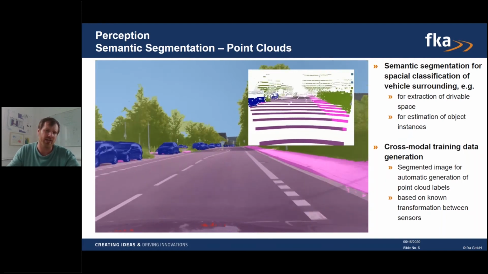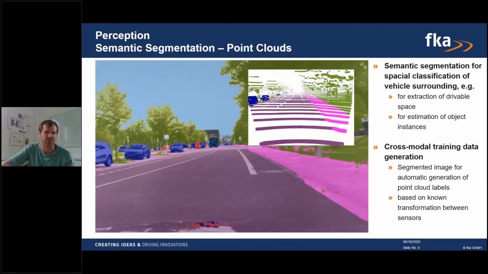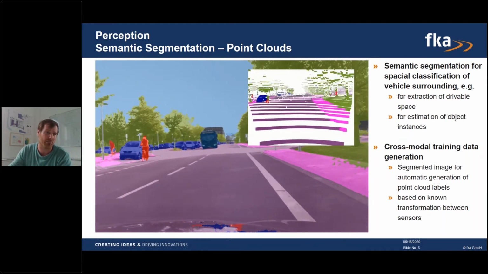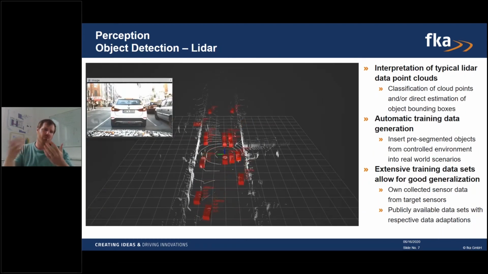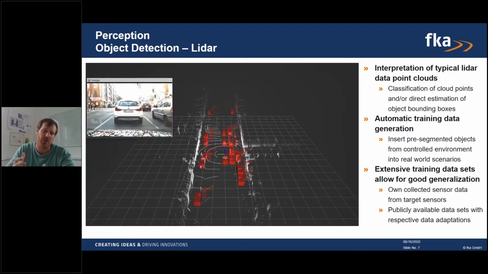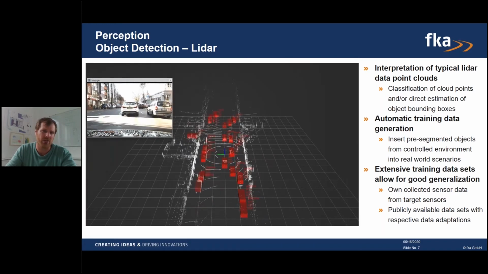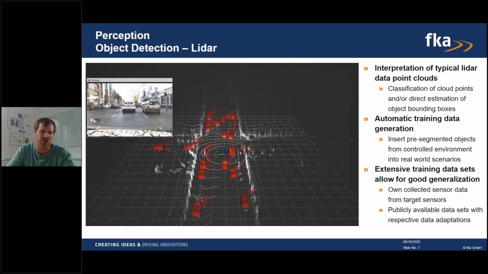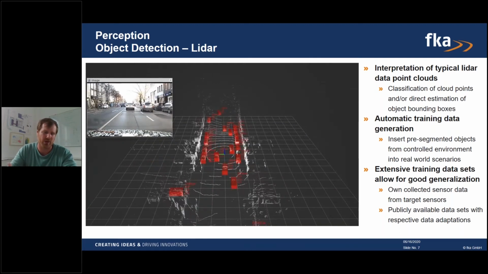So that is a really good way to actually segment point clouds at this point. And once we have the segmented image and the point cloud, we can go into the next steps and actually derive data which we can use for developing a driving function.